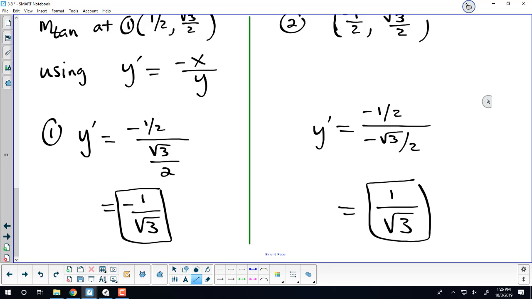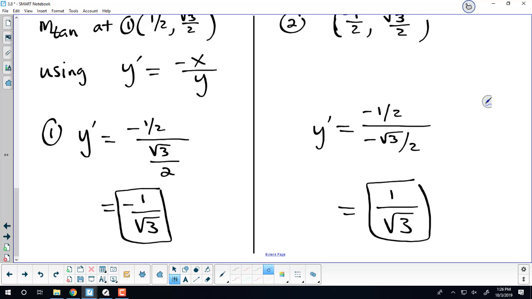Instead of, like in the explicit setting, ending up with 2 different derivatives for y depending on what part of the circle we're on, implicitly we just end up with one derivative, and it sort of takes care of itself what part of the circle we're on when we plug in that ordered pair x, y.